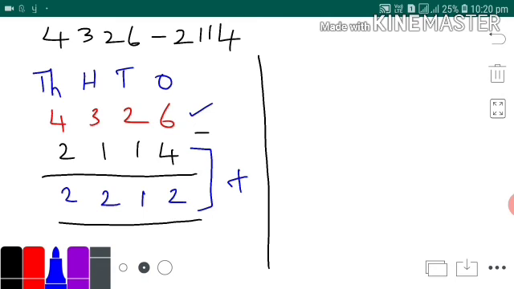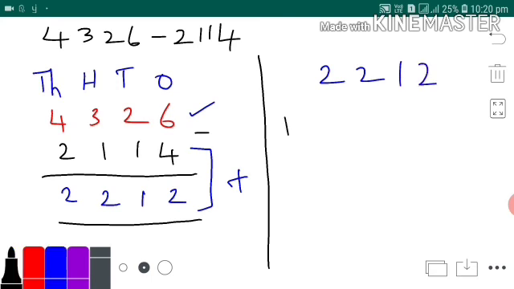So let us check. I am writing the difference first, 2212. And then I want to add the smaller number, 2114. Let me add and we have to find out whether we are getting the bigger number.